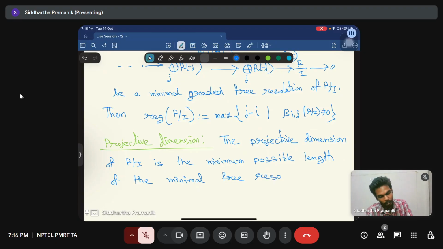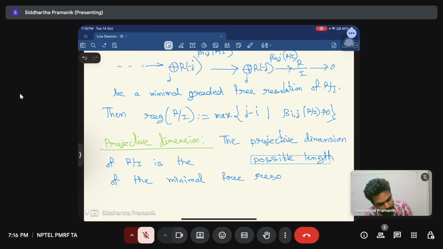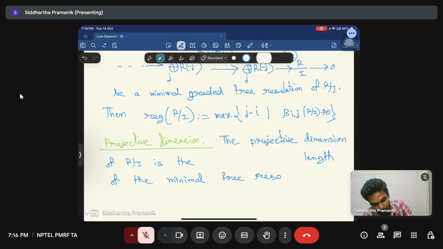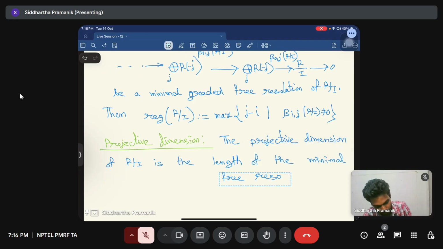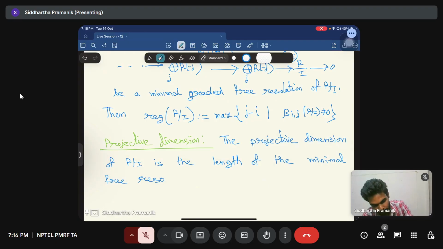So we are already taking the minimum here. It is the length of the minimal free resolution of R mod I. So that is the projective dimension.